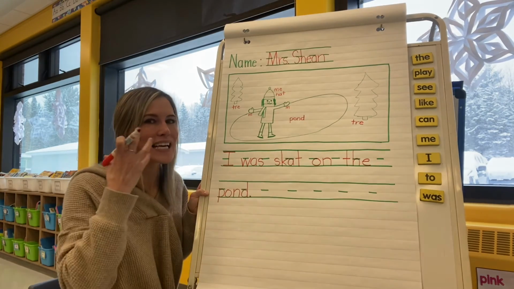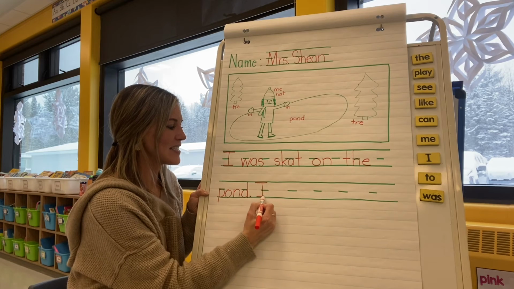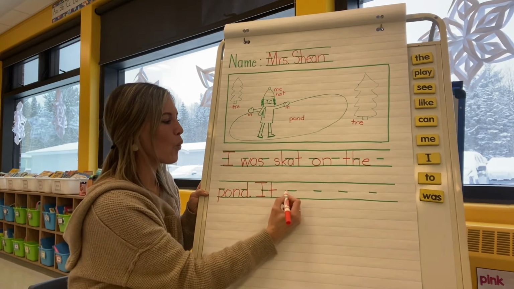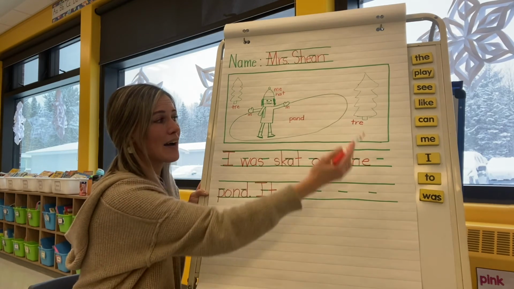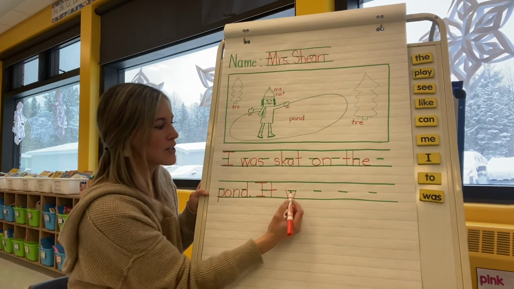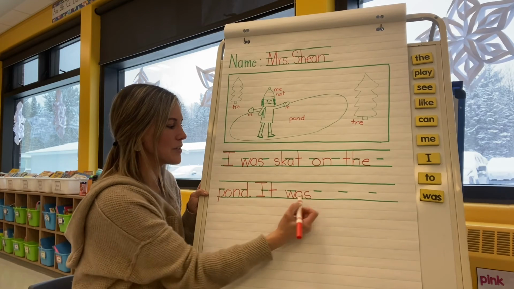So it, I for it, it was. Now remember too, when you're writing and you have your sight words close by, it's good to have them there so that you can refer to. Because sometimes we can't always sound those out as easily as other words.